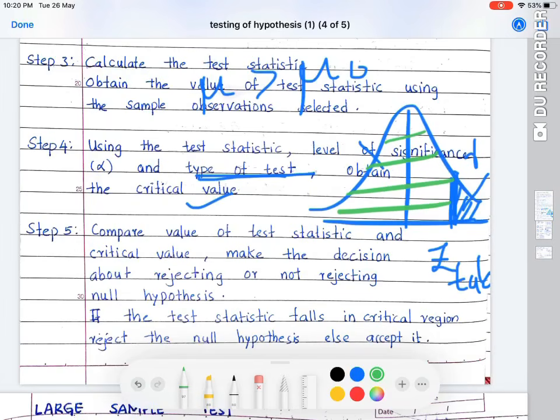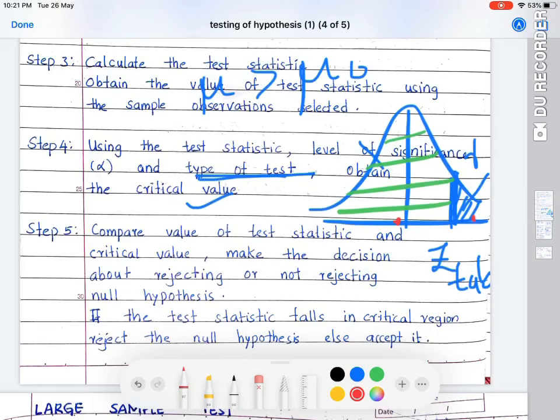Now if the calculated value, the test statistic value, falls in the acceptance region, then we are accepting the null hypothesis. If it falls in the rejection region, we reject the null hypothesis.